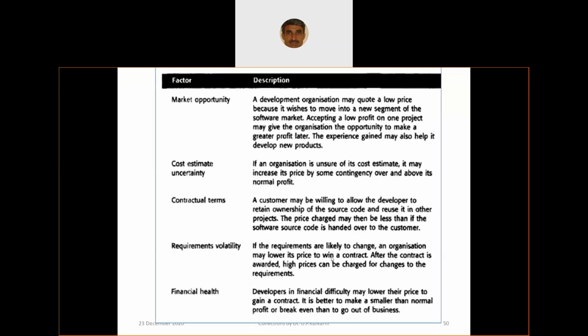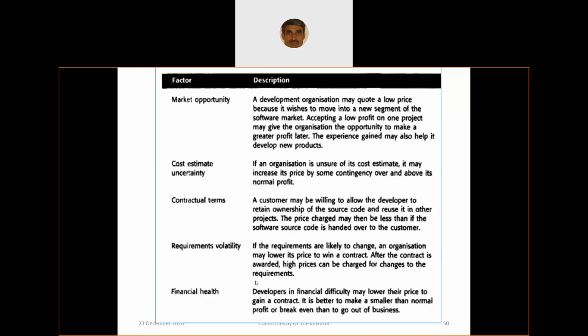How frequently the requirements change matters. After the contract is awarded, a high price can be charged for the changes to the requirements. Now there's another strategy people use. Initially you quote low, then for every change you can charge a lot.